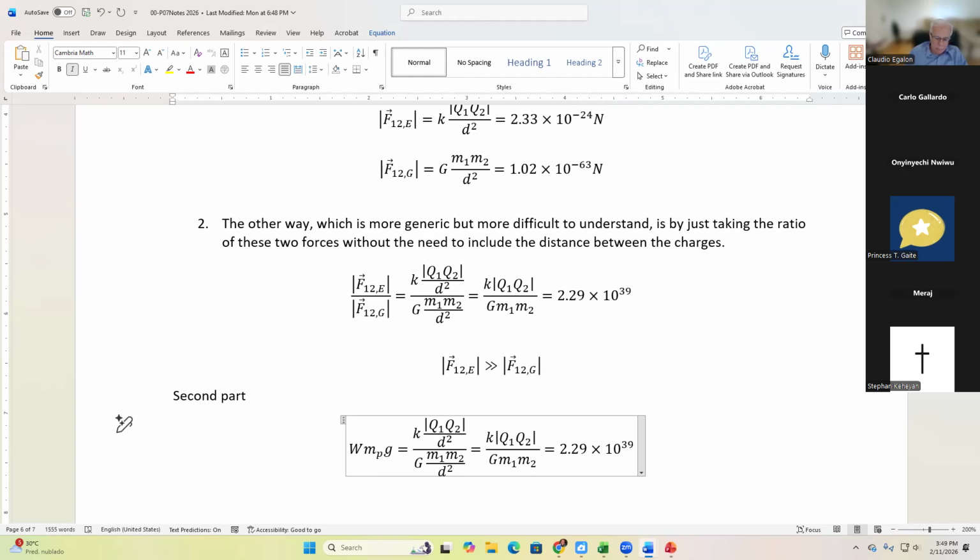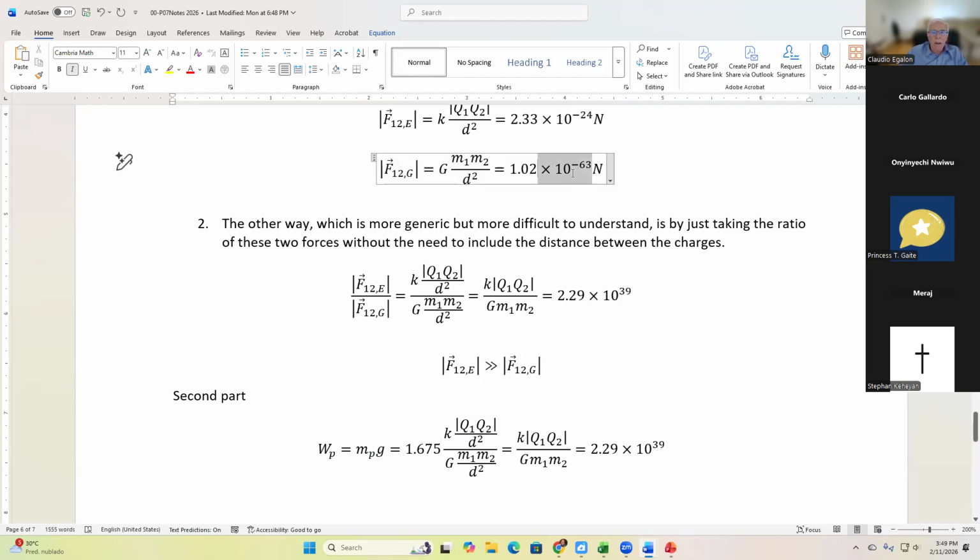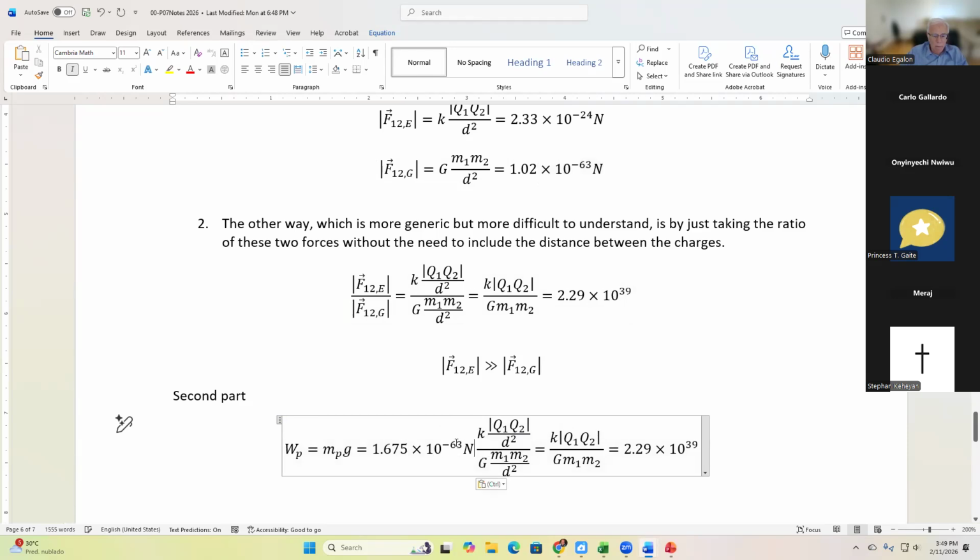I'm gonna put like that, weight of the proton. 1.675 times 10 to minus 27 newtons.